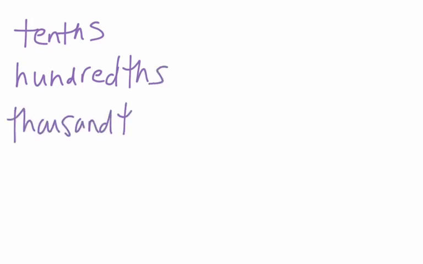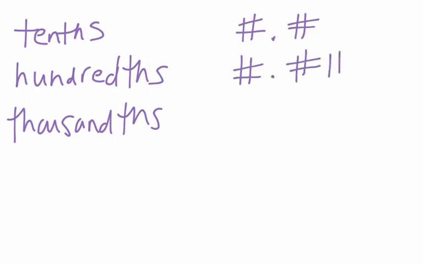And so the directions might give the actual terminology for the place value. So tenths is the same as 1 decimal place. Hundredths is another way of saying 2 decimal places, and thousandths is another way of saying 3 decimal places.